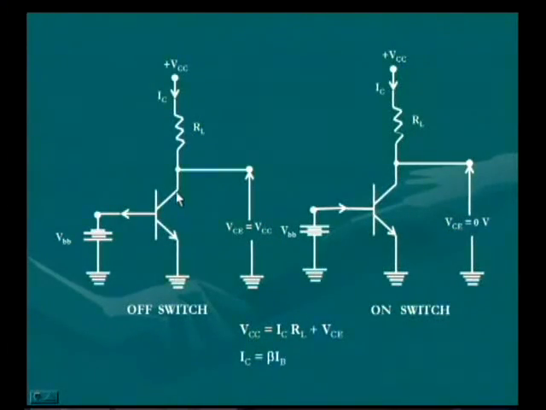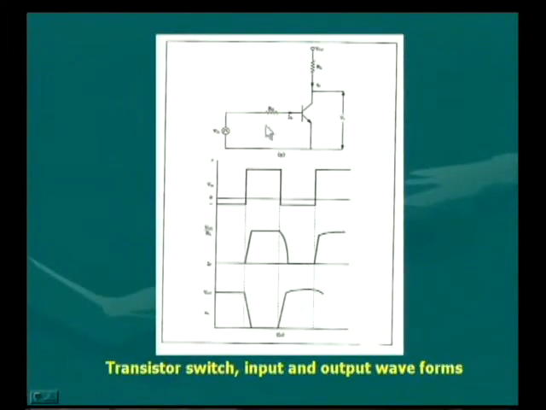That means it acts as an open circuit. So it resembles an off switch. So we can conclude that a transistor, when it is forward biased at its input junction, will act as on switch, and when the input junction is reverse biased sufficiently, then it will act as off switch.